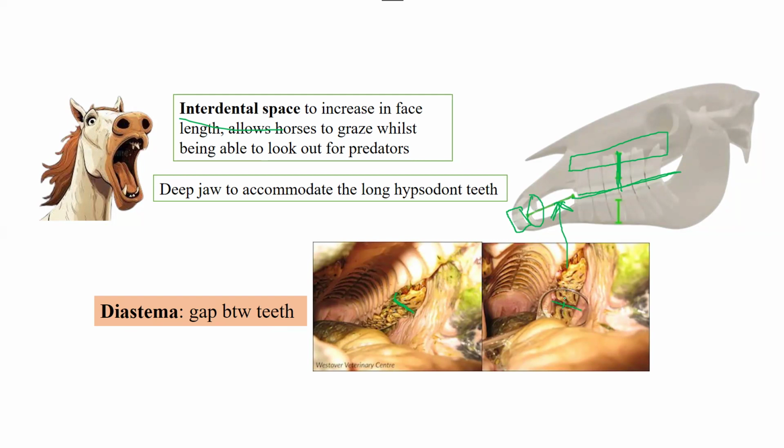Such abnormal gaps are called diastema. So you should clearly know the difference between interdental space and diastema. Interdental space is a normal anatomical space, but diastema is an abnormal space between teeth.